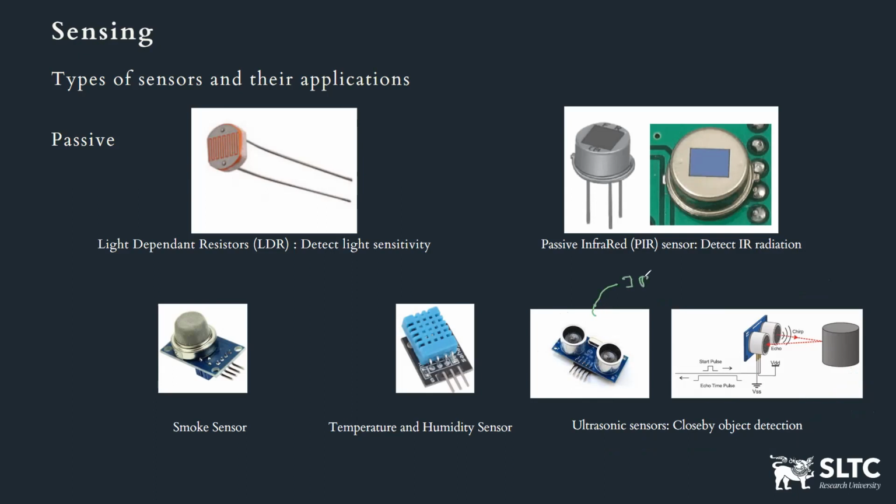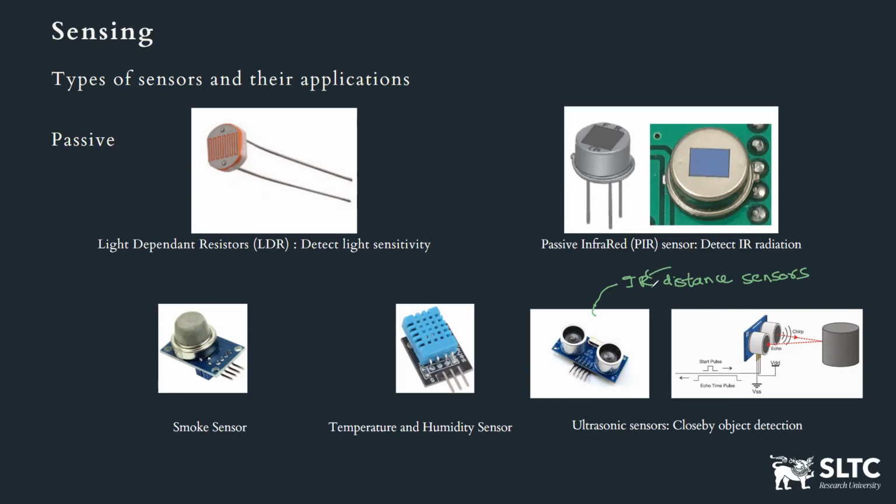IR distance sensors will be using basically IR waves or infrared waves to measure the angle of arrival, and using that angle of arrival principle, it is measuring the distance between the source and the target, right?